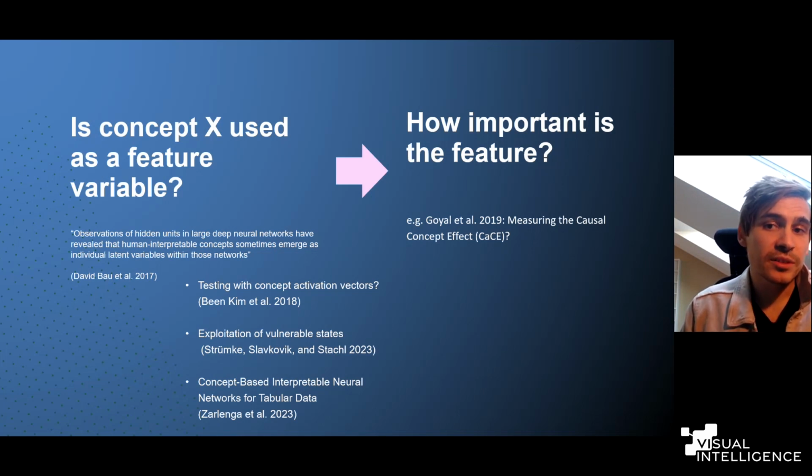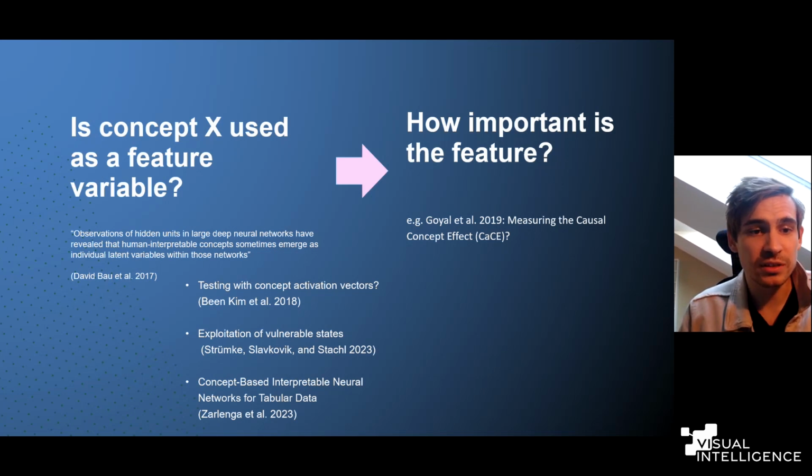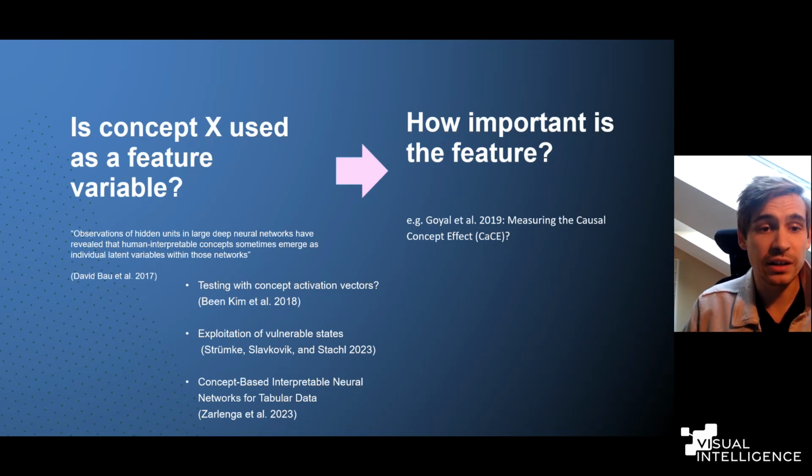And these are concepts that are not directly observable in the training data or the input data. But there is, as you guys probably know, at least an assumption that observations of hidden units in neural networks may include human interpretable concepts. And they are called individual latent variables in this research by David Bau and others from 2017, where they looked at image data, I think, or like graph structured data.